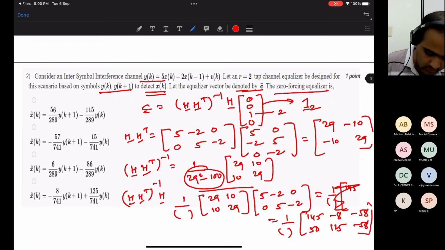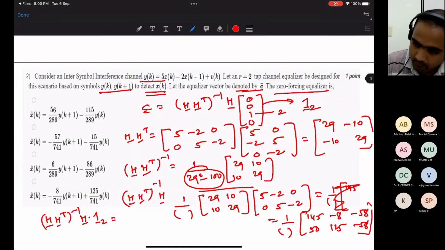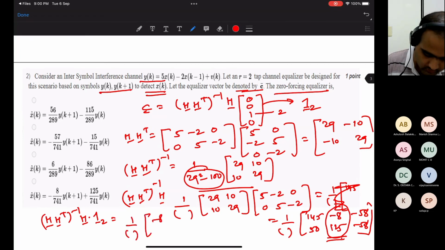The final step is the equalizer times 1 2. When we multiply this, with my 1 at the second position, I will be left with just these elements. So it is 1 by something, and this is minus 8 and 125.